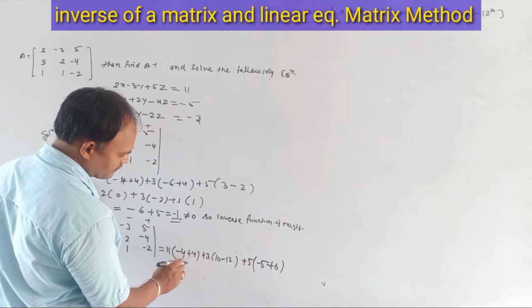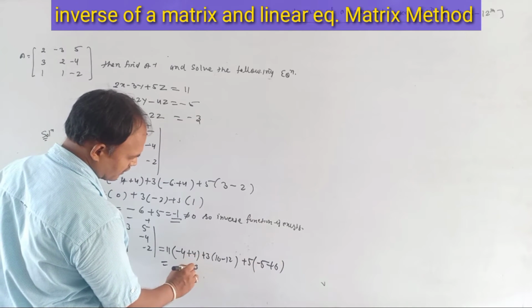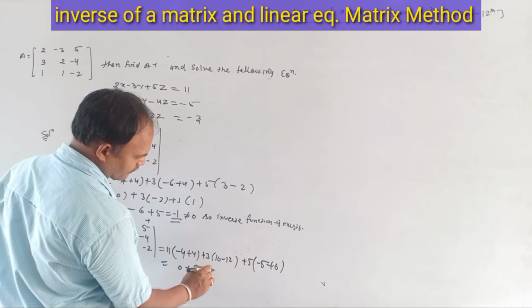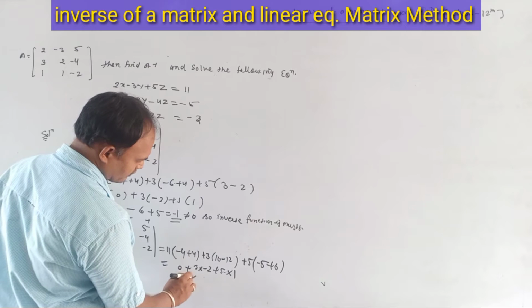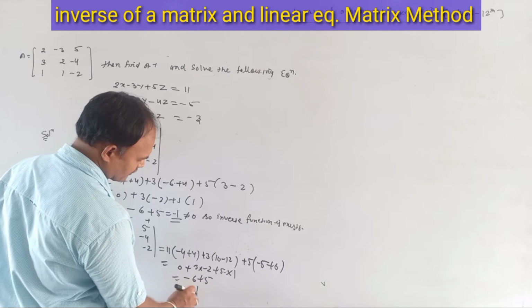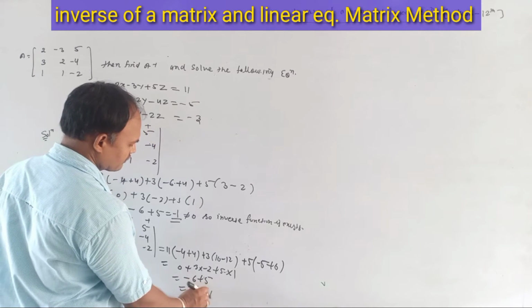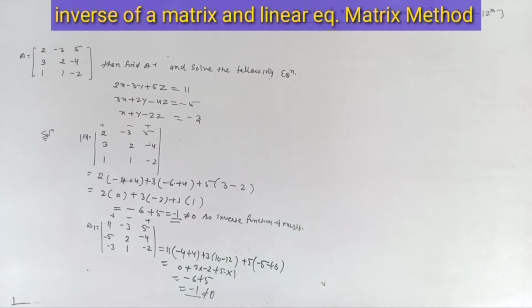So it is 0, then 3 times minus 2, and 5 times 1. So it is minus 6 plus 5, so it is minus 1, not equal to 0. So students, this is the value of delta 1.